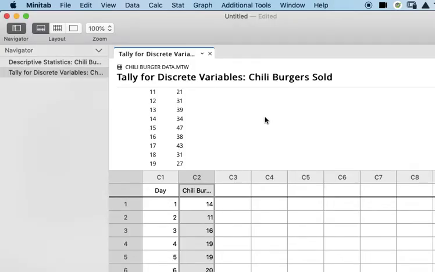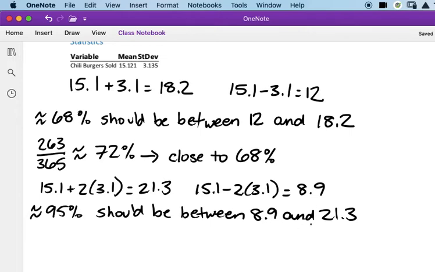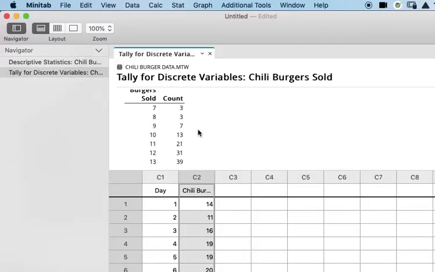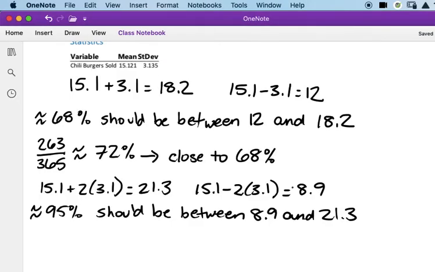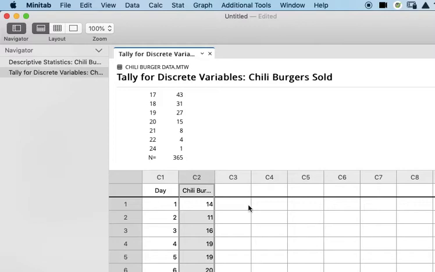So I go back to my data set. Now for this one, it's easiest to calculate the ones that are outside the range and subtract from 365. So this wouldn't count 7 and 8, which adds to 6 total days. 9 would be between 8.9 and 21.3. So that gives us 6 on that end. On the upper end, we're looking for values greater than 21.3. So 22 and 24. So 6 plus 5 gives us a total of 11.